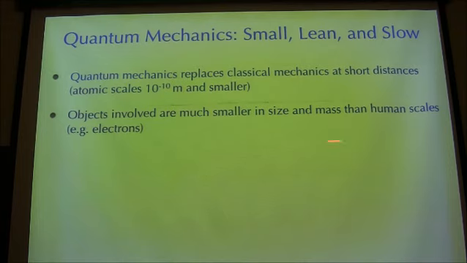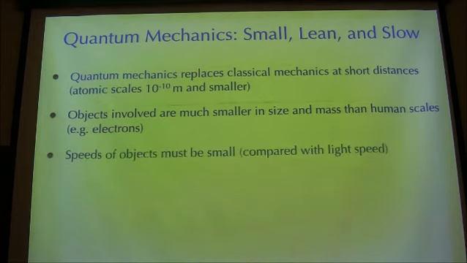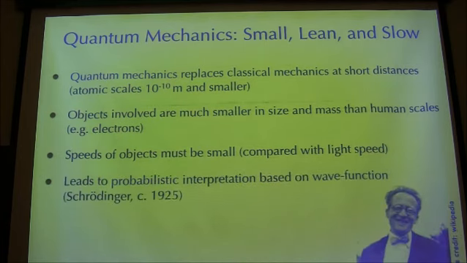And the objects involved are way smaller in size and mass than human scale. So things like electrons, which are very much lighter than a human, and very much smaller than a human. Now, for quantum mechanics to work, the speeds of these objects must be small compared with light speed. And it leads to this beautiful probabilistic interpretation of matter.